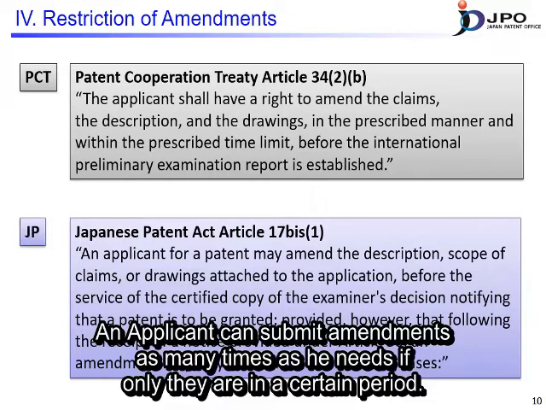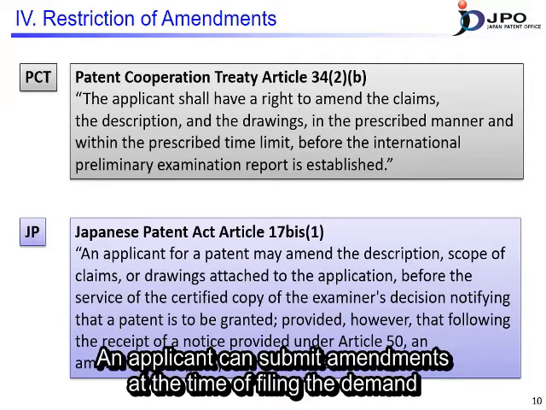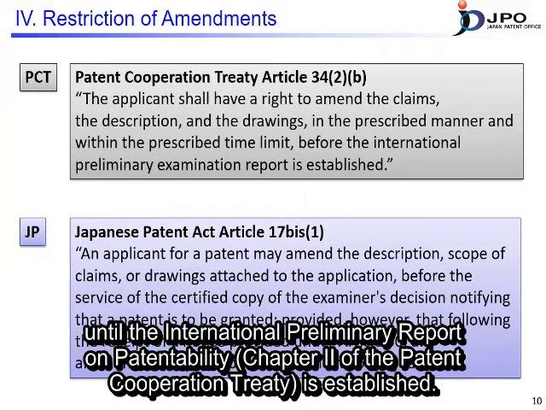An applicant can submit amendments as many times as he needs if only they are in a certain period. Applicants can submit amendments at the time of filing the demand until the International Preliminary Report on Patentability, Chapter 2 of the Patent Cooperation Treaty, is established.